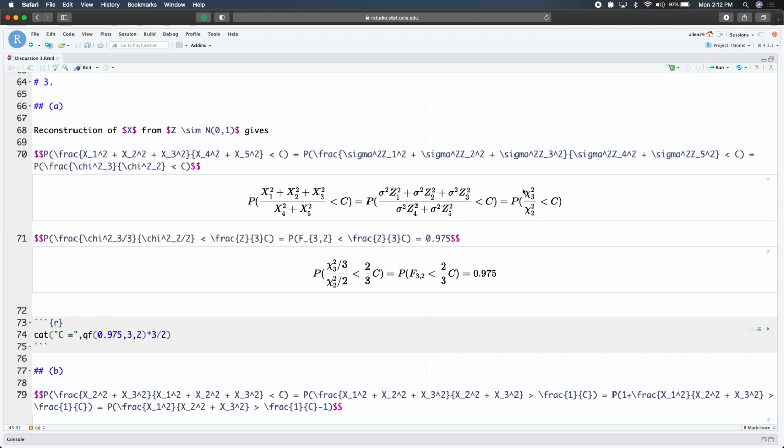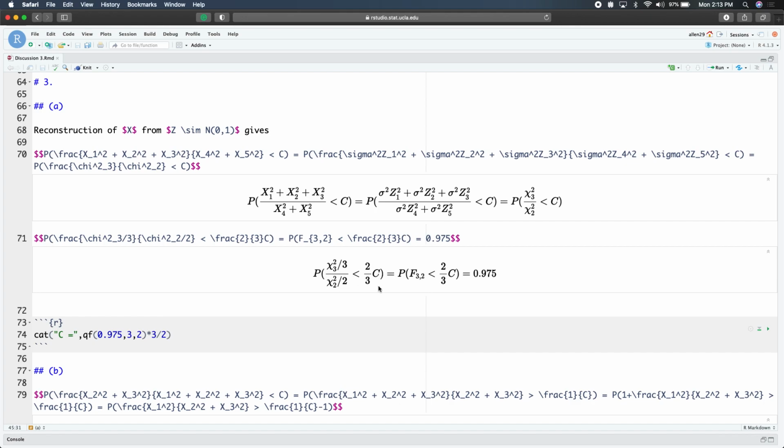Then we reduce the quantity into a ratio of two chi-square distributions. Three copies of standard normal squared give us a chi-square with degree of freedom 3, and the denominator is a chi-square with degree of freedom 2, less than a constant. We further divide the numerator by 3 and the denominator by 2, with the same operation on the right-hand side, so 2 over 3 multiplied by c.